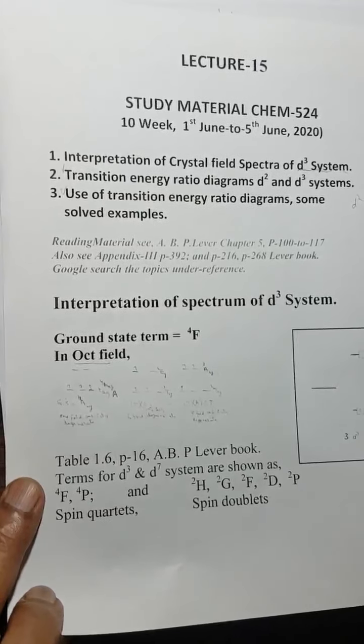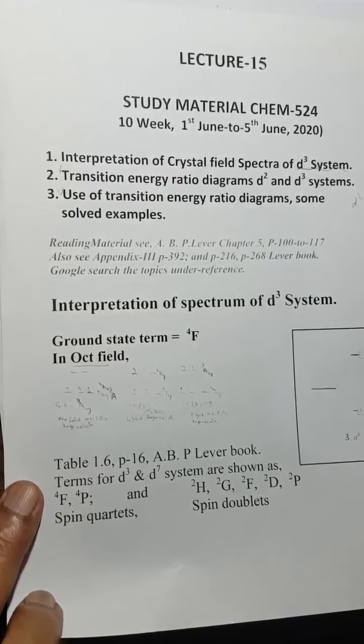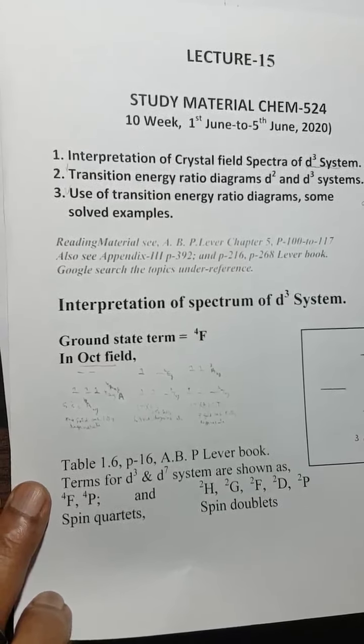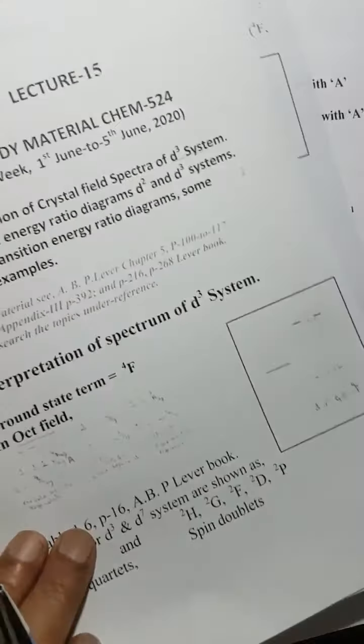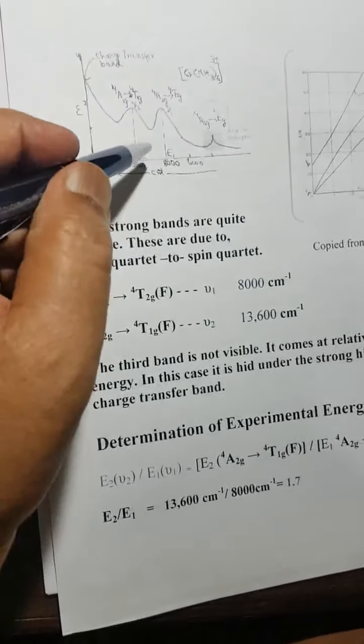It is plus minus the same way. If you have understood D2, there is no problem understanding the D3 system. We will do the interpretation of the spectra the way we did it for D2. By interpretation of the spectra, I mean whatever spectra we see. For example, this is a spectra.